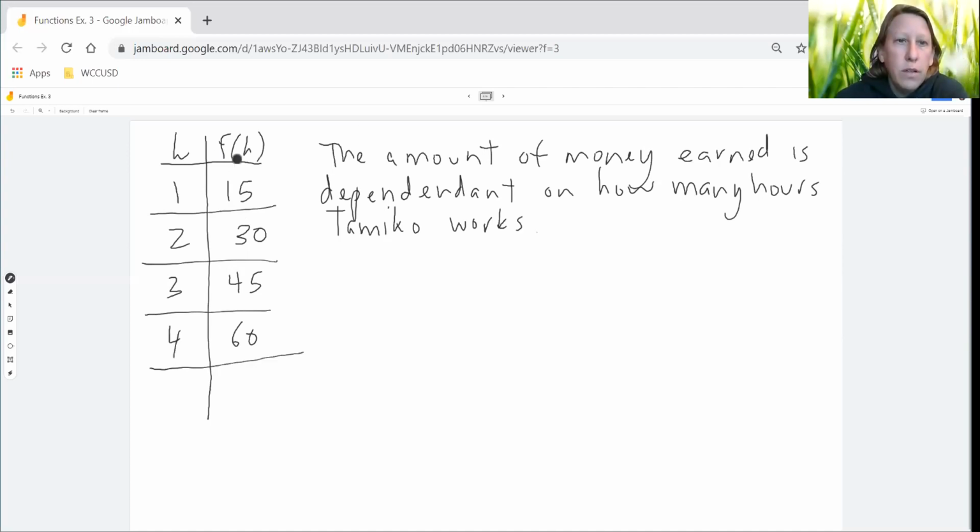Or you could say it's a function. The amount of money earned is a function of how many hours are worked. It's another way to say it.